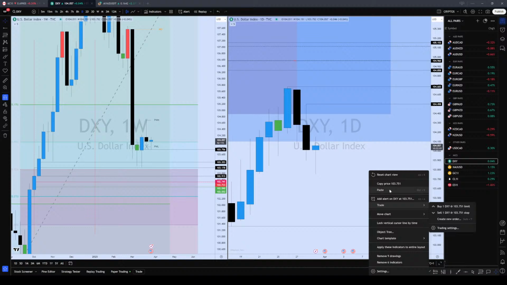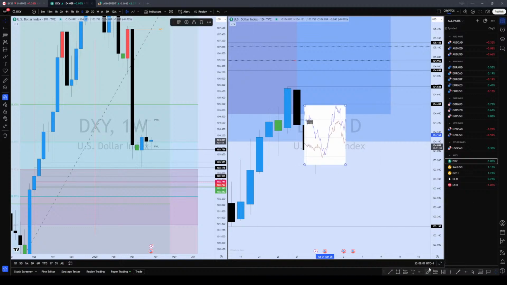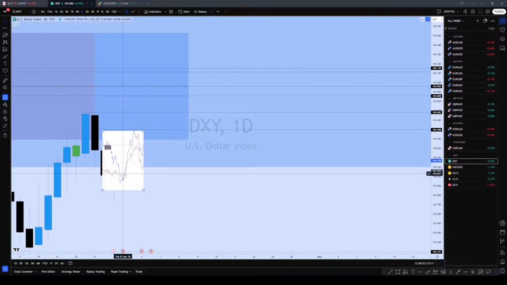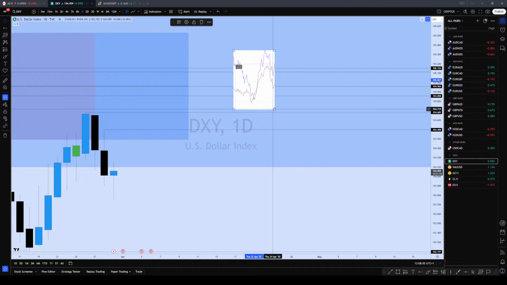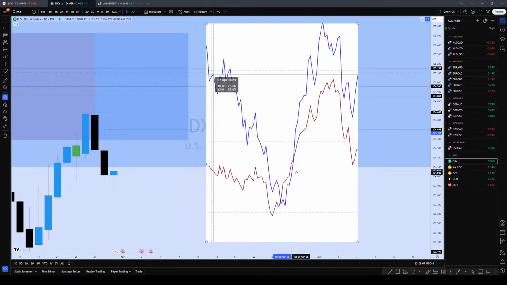Okay, let me zoom in over here. All right, so what you're seeing currently is the seasonal tendency for the dollar index.